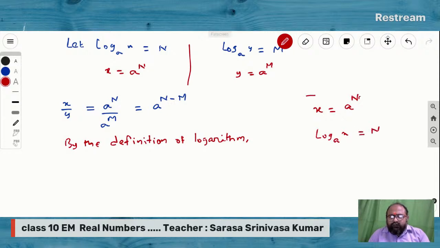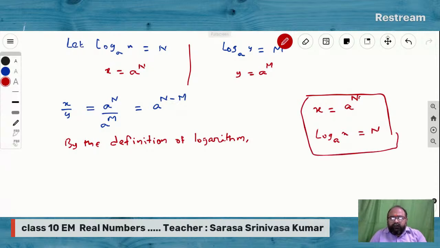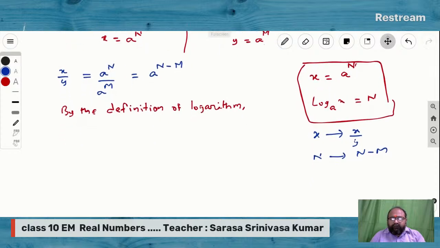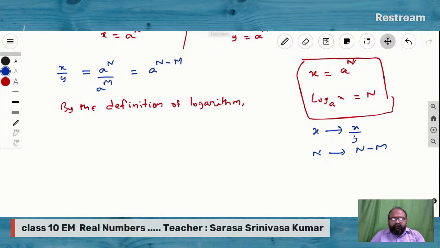So this is the definition of logarithm. Here, in place of x we have x by y, and in place of n we have n minus m, and in place of a we have a only.